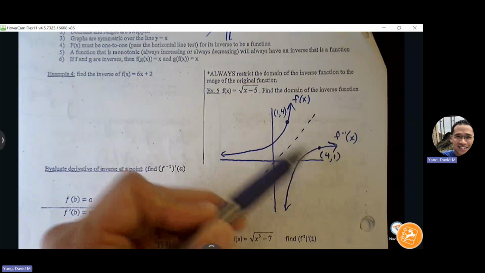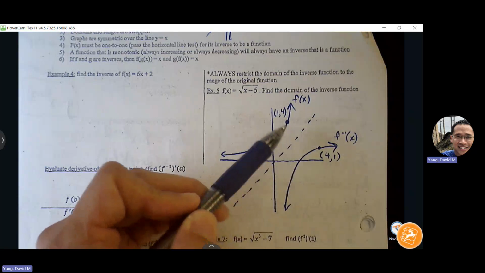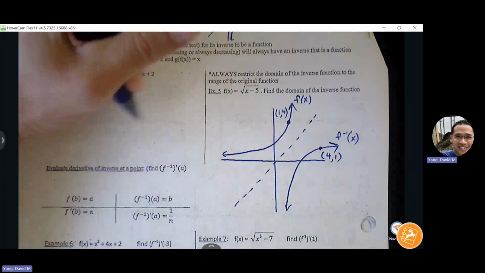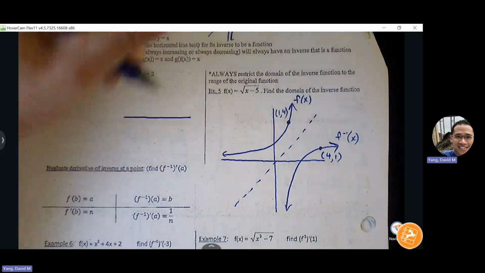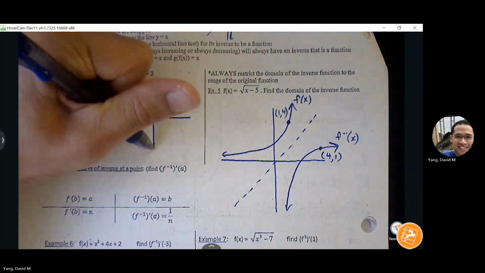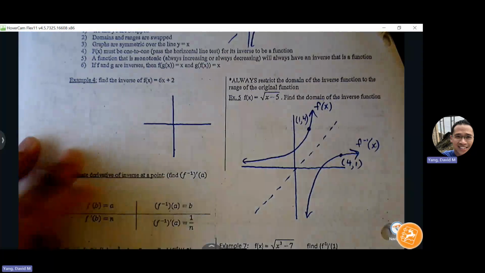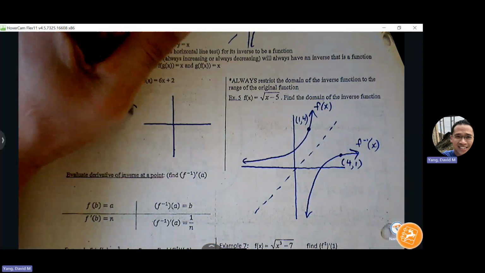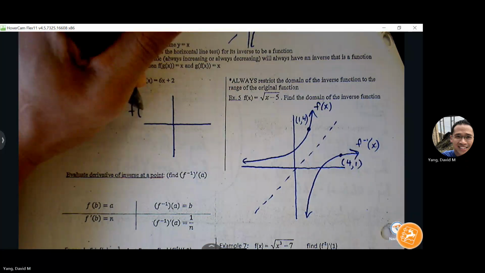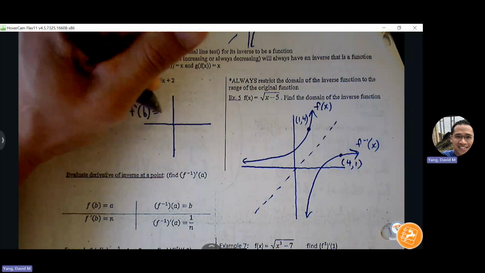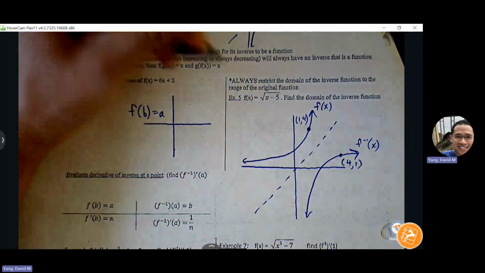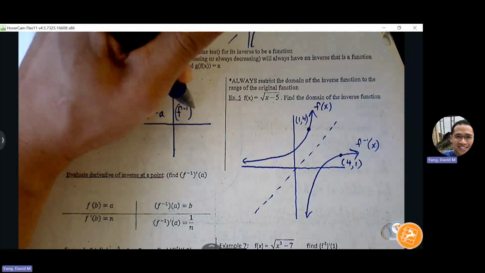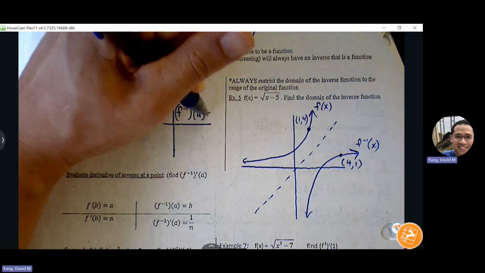Now we know that this is the ordered pair relationship between a function and its inverse. So if you can draw another table here, I just want us to show that relationship. That means that if f of b equals a, then I know that f inverse of a is equal to b.